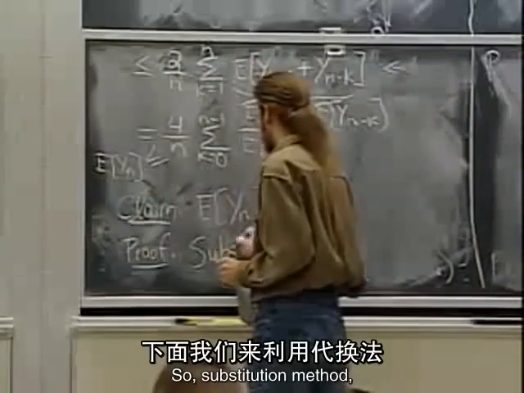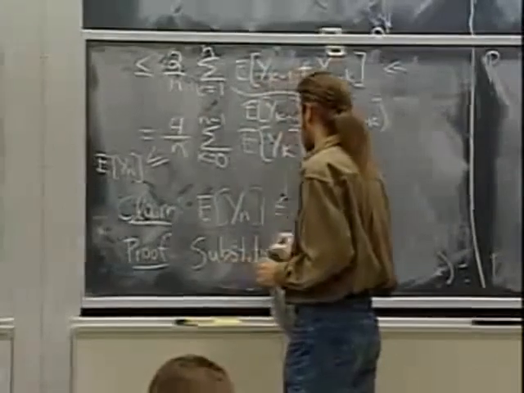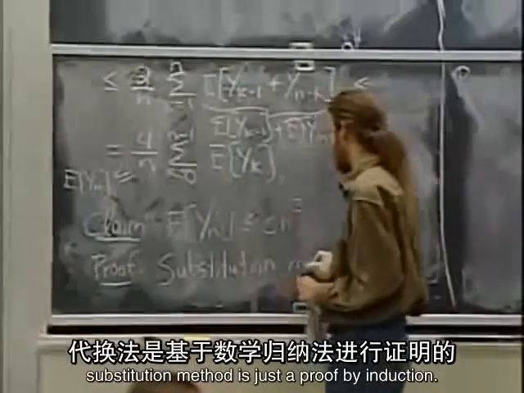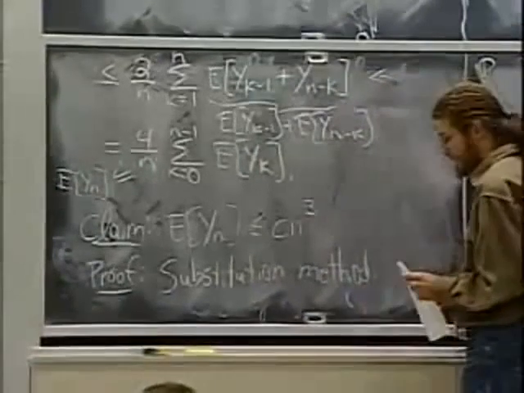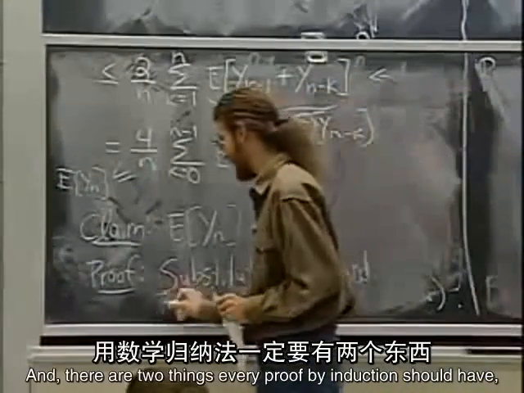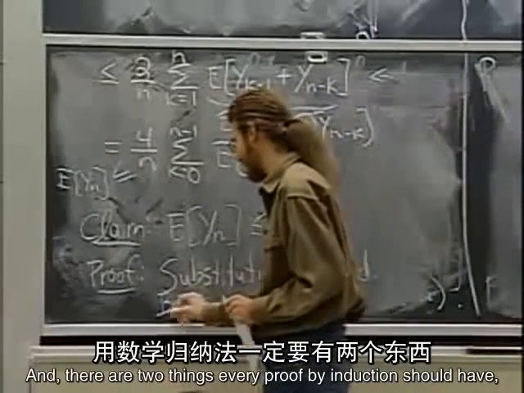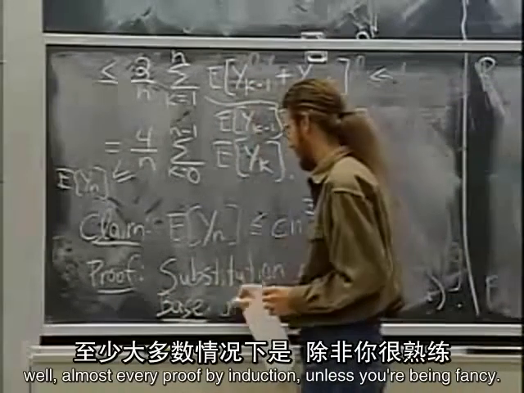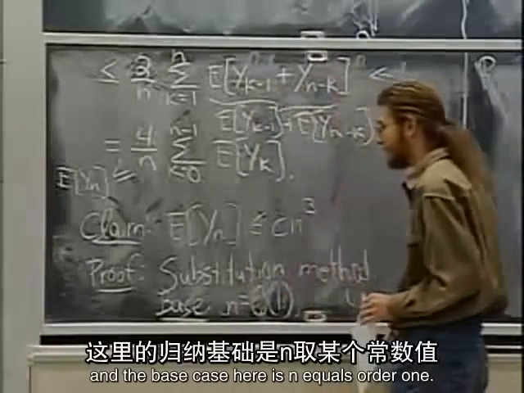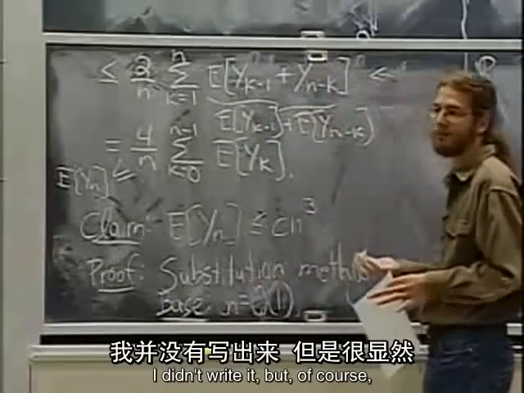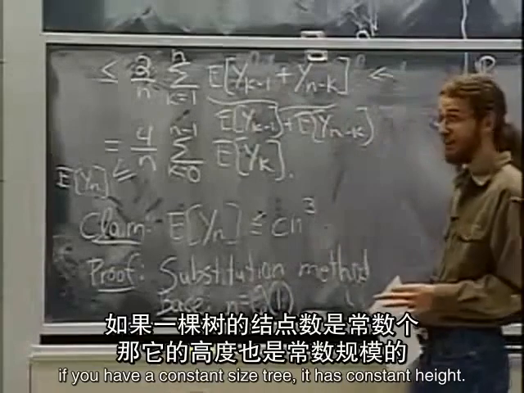So substitution method is just a proof by induction. And there are two things every proof by induction should have. Well, almost every proof by induction, unless you're being fancy. It should have a base case. And the base case here is n equals order 1. I didn't write it, but of course, if you have a constant size tree, it has constant height.